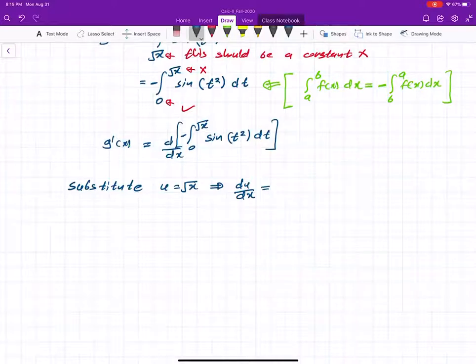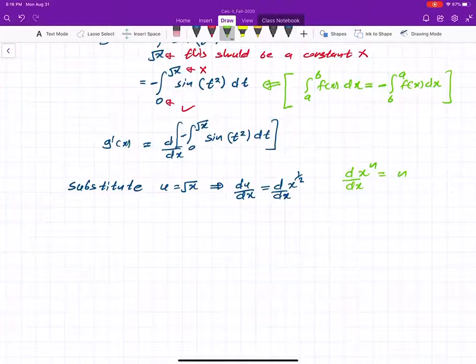This is the power law. You have to use the power law for the differentiation. If you can't remember it, that should be d over dx of x to the power n equals n x to the power n minus 1.